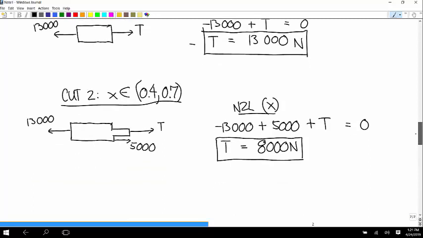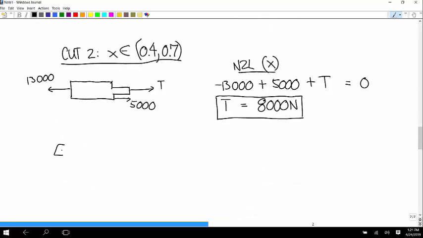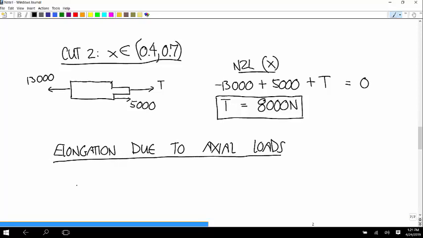And now the elongation that's due to those axial forces is the elongation for the first part, the first 0.4.